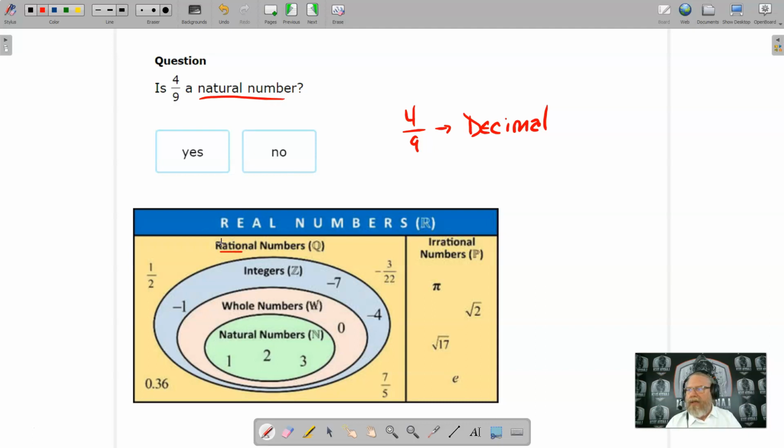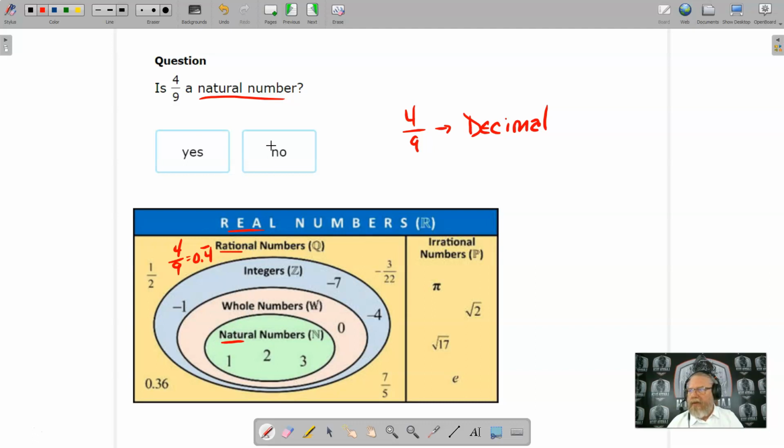Notice that 4/9, if we did 4 divided by 9, would be a repeating 4. So this equals 0.4 repeating. However, they want to know, is it a natural number? So 4/9 would be a rational number and a real number, but notice it's not inside of natural numbers down here, right?